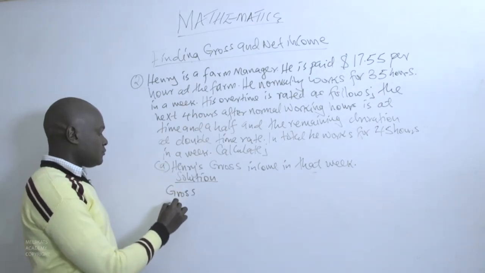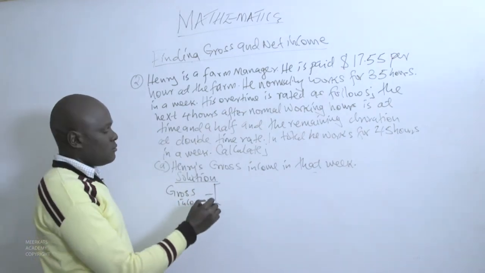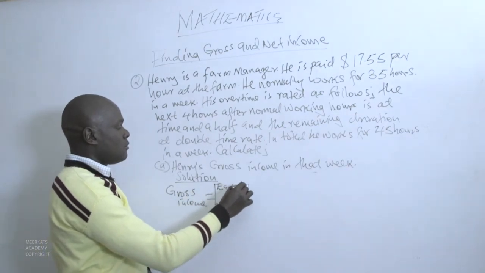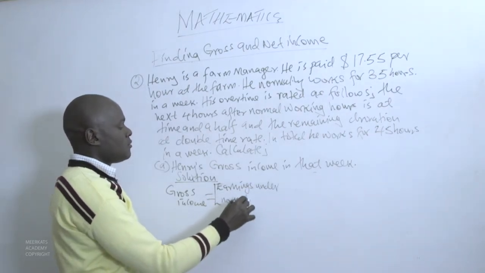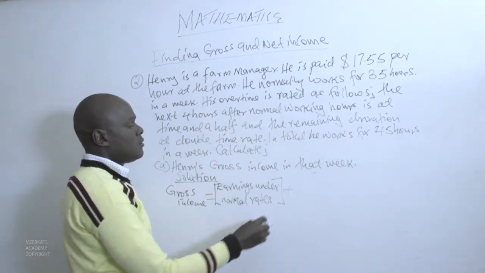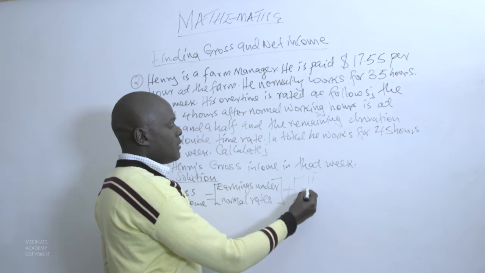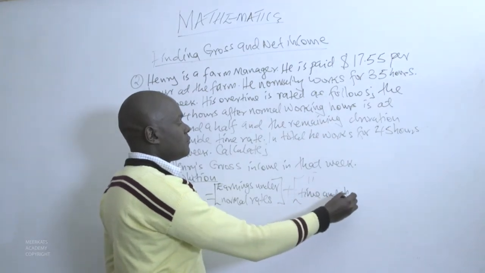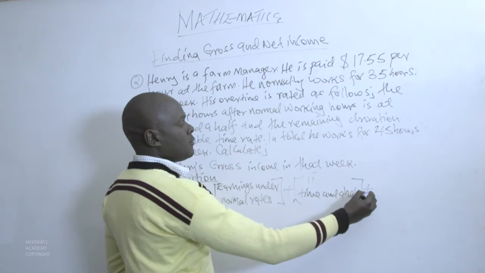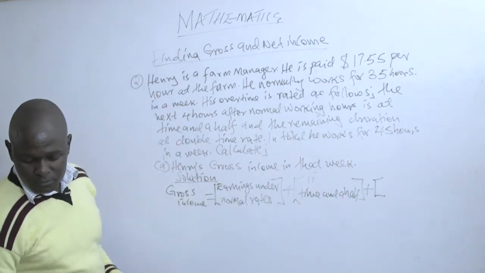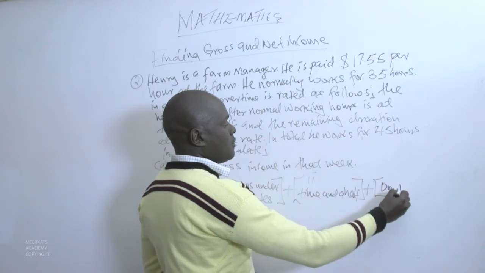So our gross income will be the sum of earnings under normal rates plus the earnings under time and a half and lastly the earnings under double time.